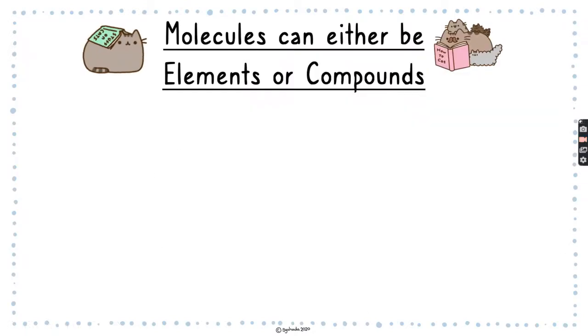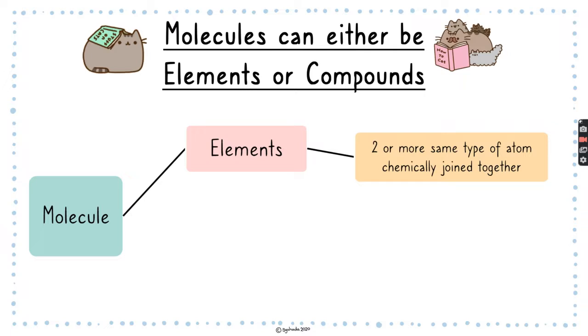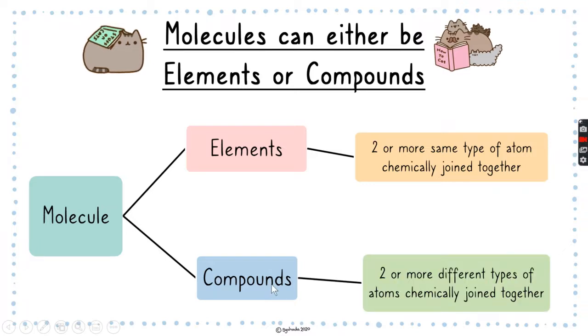Molecules can be elements or compounds. A molecule can be an element, which means it has two or more of the same type of atom, chemically joined together. Molecules can also be compounds. A compound is when you have two or more different types of atoms that are chemically joined together.